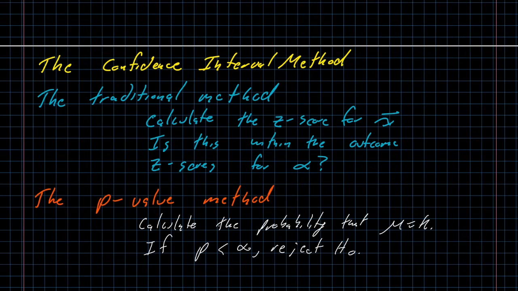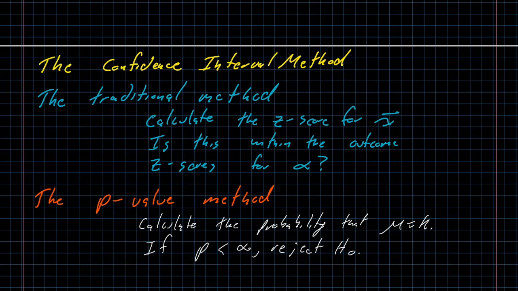So P is the probability that the mean of the population is equal to K, the probability that your null hypothesis is true. And if you put data into computer statistics software and tell it to perform a z-test, it will produce for you a p-value that you can report. And if p is less than alpha, you reject the null hypothesis, same as we have been.